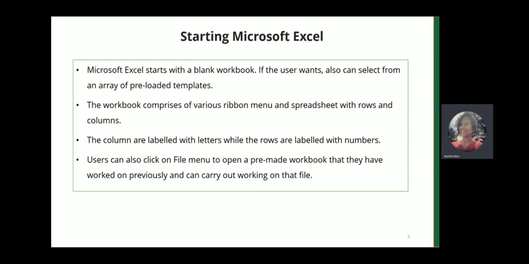When you open a workbook, you will see it comprises various ribbon menus and a spreadsheet with rows and columns. So there are rows and columns in a tabular format, and it also has various ribbon menus.